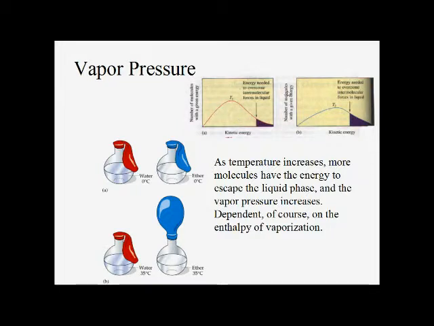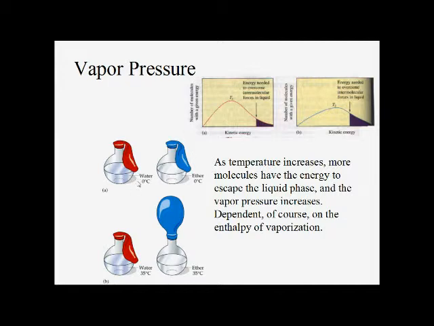As we increase temperature, so T1 here is a lower temperature than T2, we're pushing this spread toward the right, lowering the peak as we populate higher energies, but we're also getting a higher fraction of molecules that can escape into the gas phase.